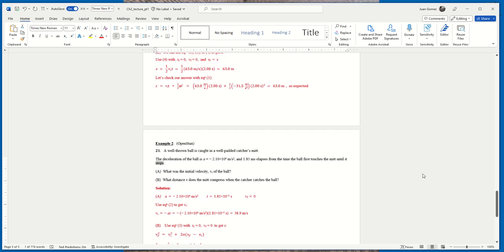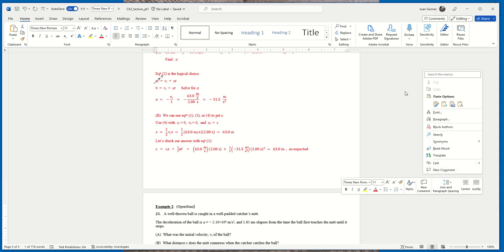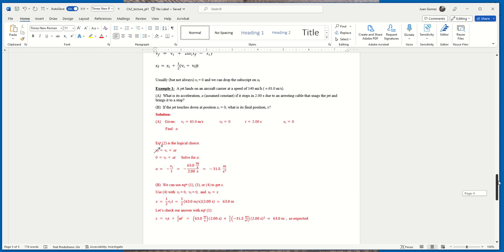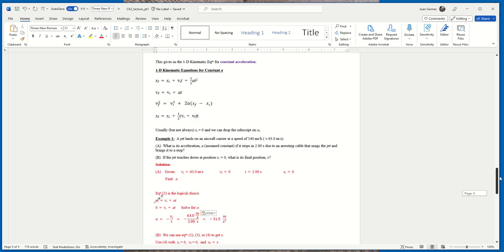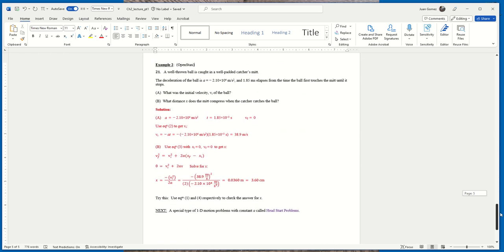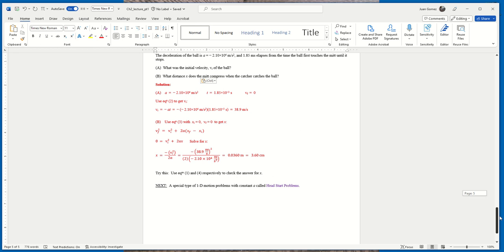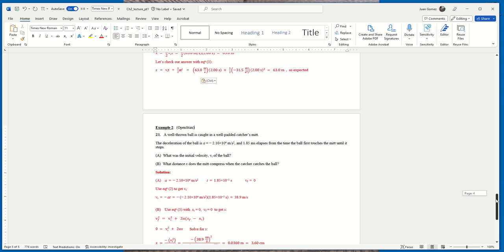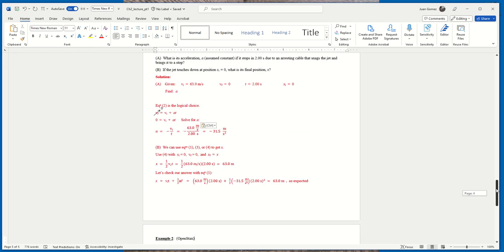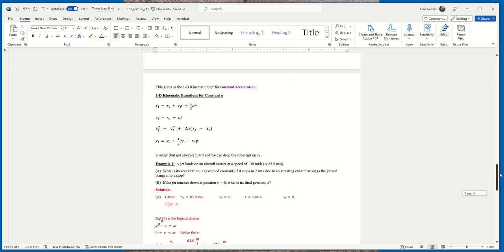So I want VI. Well, again, probably the easiest one is equation 2: VF equals VI plus AT, because I know VF, I know A, and I know T, and I want VI. I misspoke a little bit.